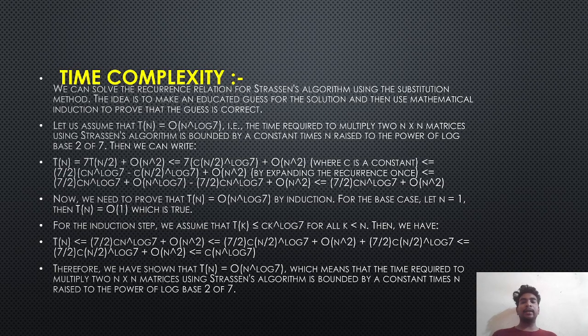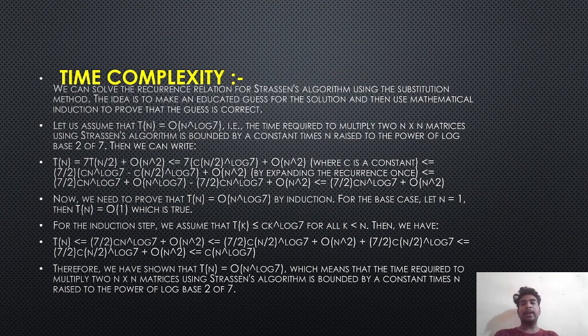Let us assume that T(n) equals O of n to the power log 7. That is, the time required to multiply two n by n matrices using the Strassen algorithm is bounded by a constant times n raised to the power of log base 2 of 7.